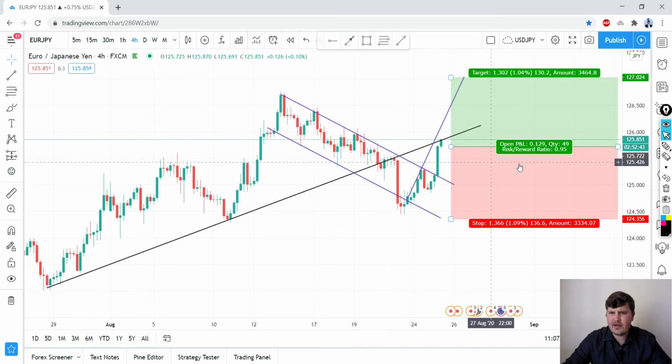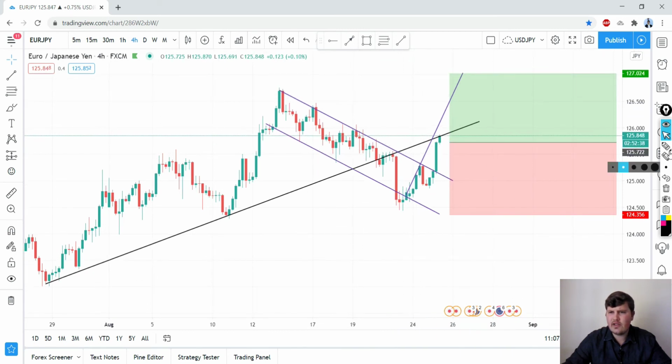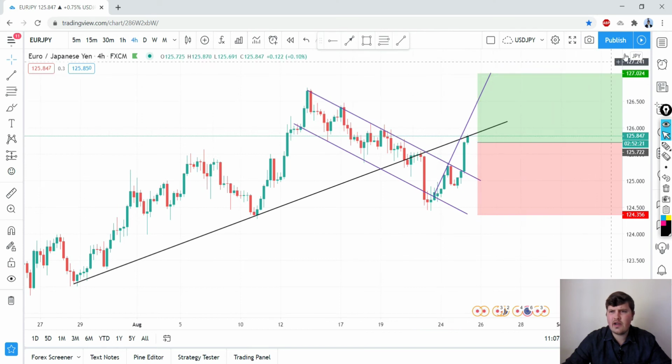But yeah, I see now this is not a very good risk to reward ratio, so rather wait for a potential retracement of price to the downside, maybe testing this bull flag once more, and then for upside moves to the 127 area. So that is what I see on the EURJPY.